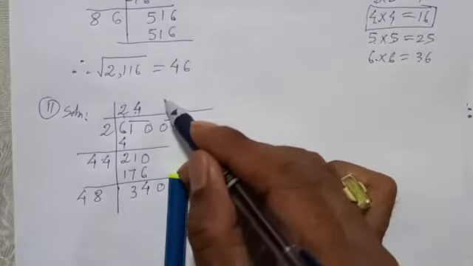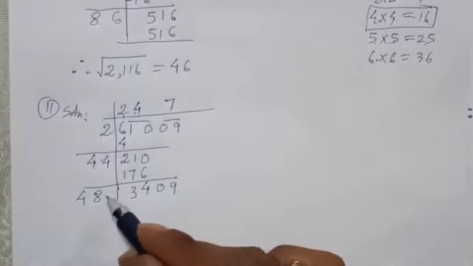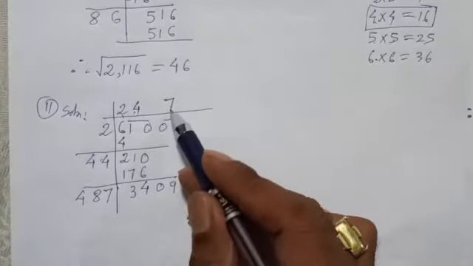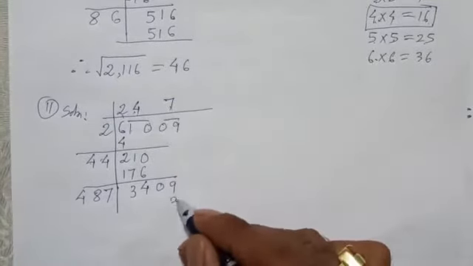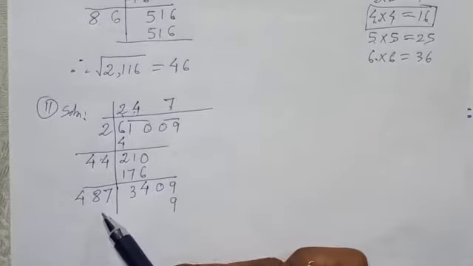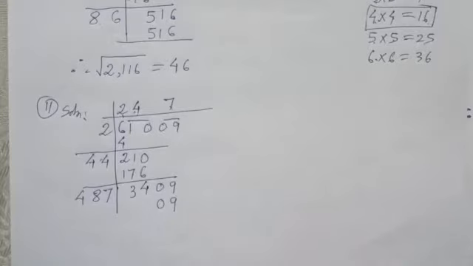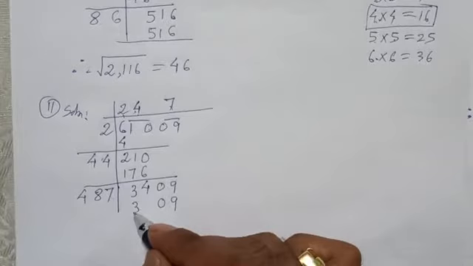This same number we keep here. Then 487 we multiply by 7. 7 times 7 is 49, 4 carry. 7 times 8 is 56, 57, 58, 59, 60, 6 carry. 7 times 4 is 28, 29, 30, 31, 32, 33, 34. This is what we get.